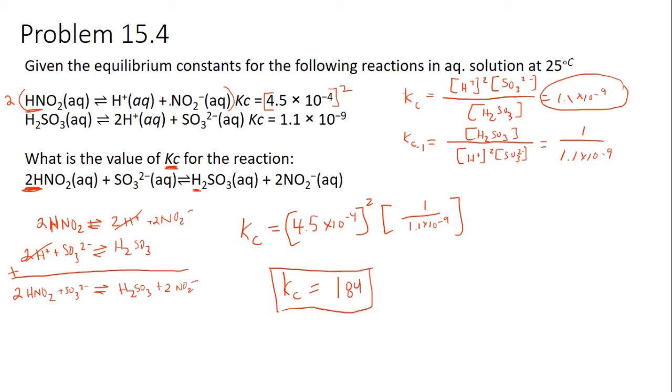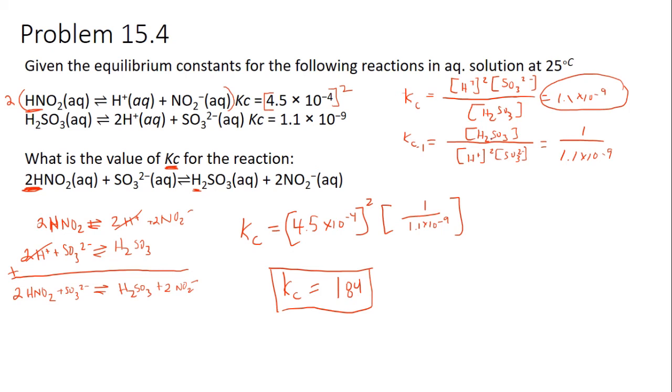And that all comes back to, if we multiply a reaction by 2, we need to square the equilibrium constant for that reaction. If we flip the direction of a reaction like we did in the second part, right? Here's the equilibrium expression for the forward reaction. Here's for the reverse reaction.